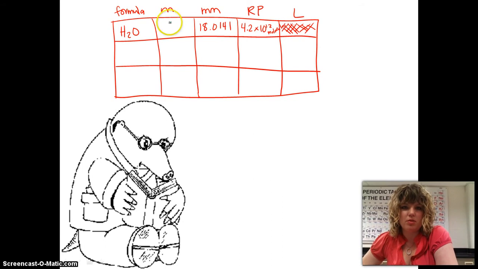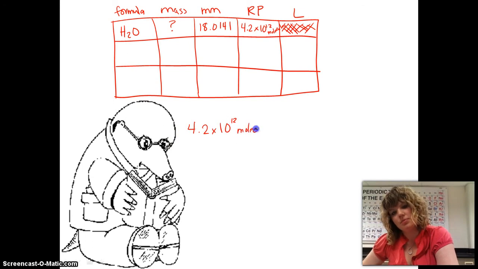So the number one would be you'd be calculating the mass up here. So you would take your given number, which you can't use molar mass as your given number, so you'd have to use representative particles. So you'd use 4.2 times 10 to the 12 molecules of water.